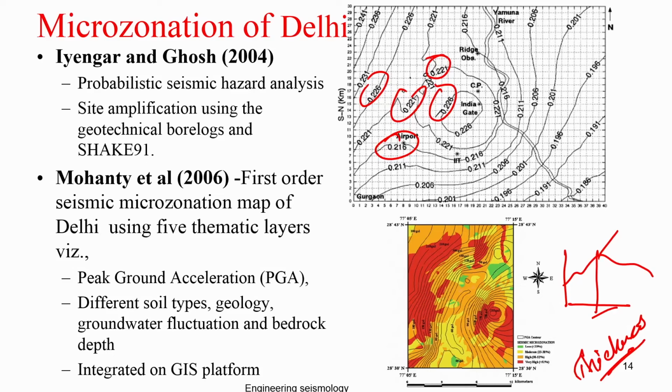That is all. It does not really give you the microzonation map, which is required by integrating the 6 parameters.